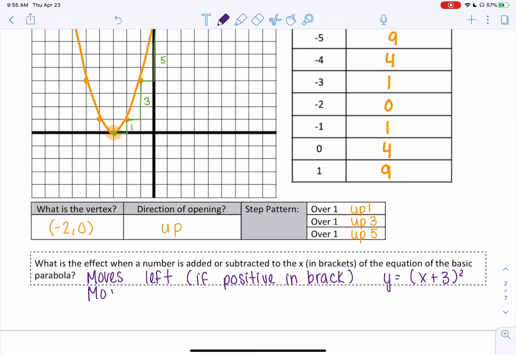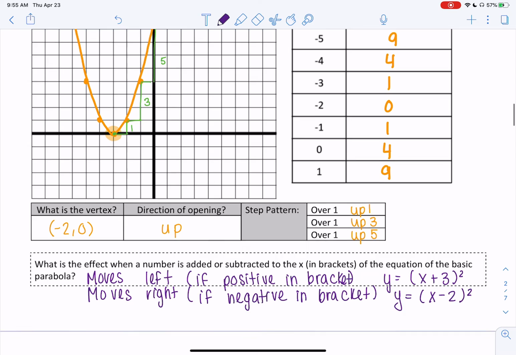Or it can move right if it's negative in the bracket. So our other example, y equals (x minus 2) squared.